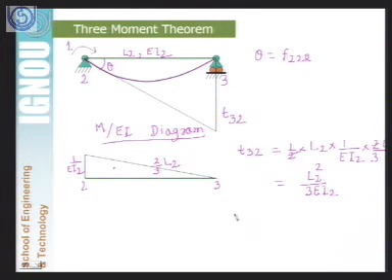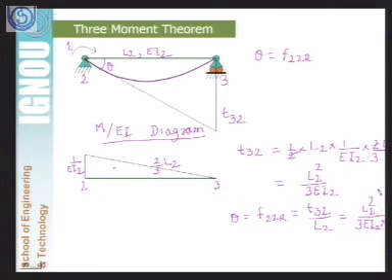Now for calculating theta, that is equal to F22R, this will be equal to T32 divided by L2, the length of the beam. So that will be equal to L2 square divided by 3EI2, divided by L2.